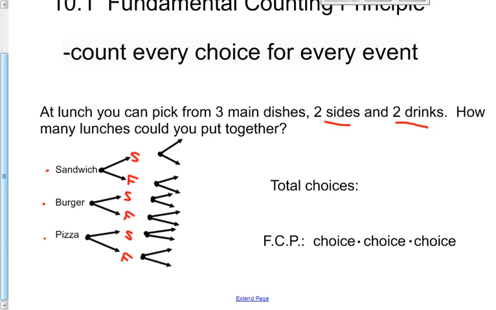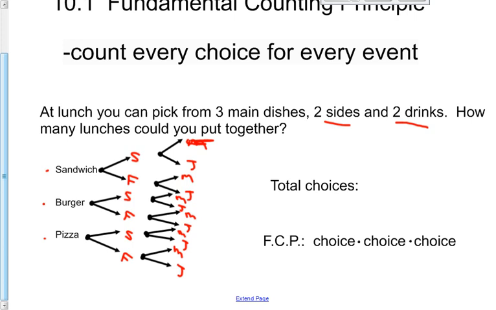So first you have the sandwich. You choose either the salad or the French fries. Then you could either pick milk or juice. If you went for the French fries, you still could pick between milk or juice. Every single one of these, you could choose between milk or juice. So we have this great big huge tree here.